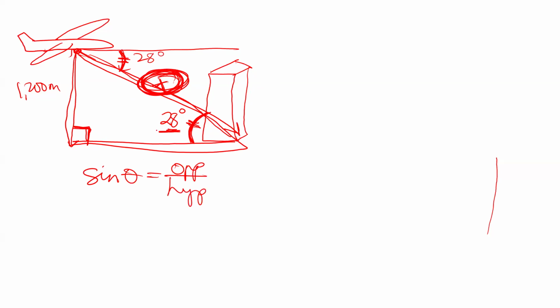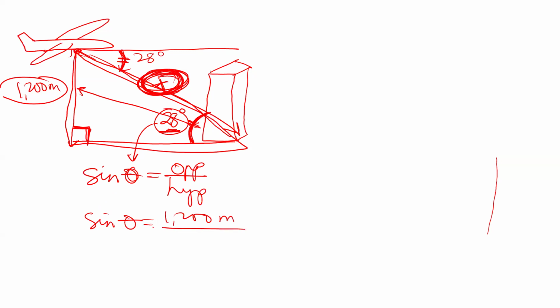If we substitute the values, the angle that we have is 28 degrees. With respect to this angle, the opposite side is 1,200. So sine theta equals 1,200 meters all over hypotenuse. What's the length of the hypotenuse? That's x, right? We do not know it yet. So theta is 28 degrees.